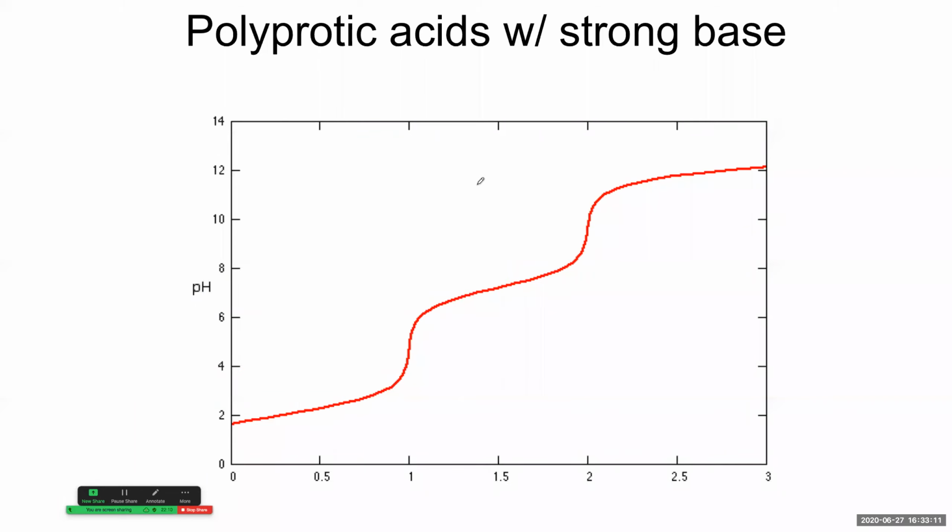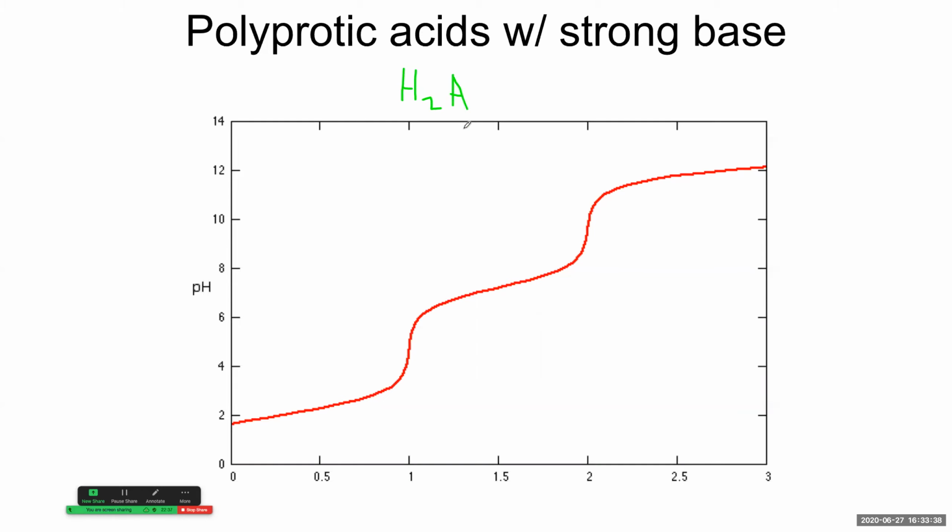Okay, so this is just interesting. I wanted to show you a polyprotic acid. Remember we talked about acids that have more than one acidic proton. That's called a polyprotic acid. In this case, this titration curve shows a polyprotic acid that has two acidic hydrogens, so it has a formula something like H2A.